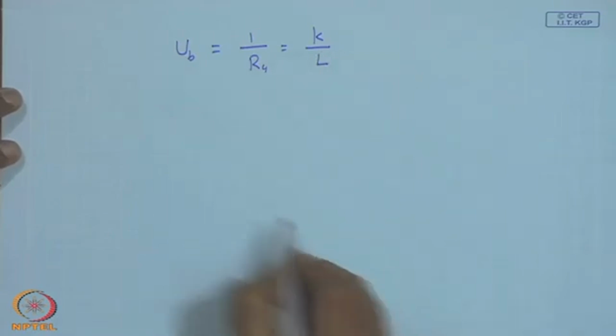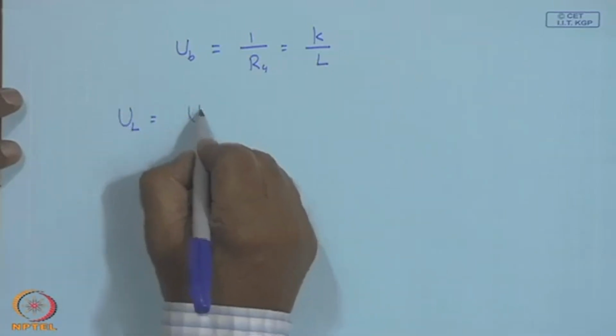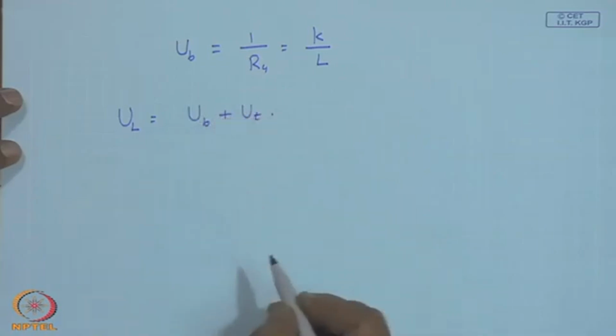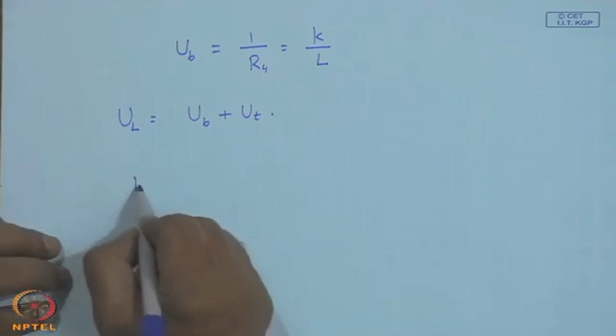Now, my overall loss coefficient U_L equals U_b plus U_t. Of course, there will be exceptions.